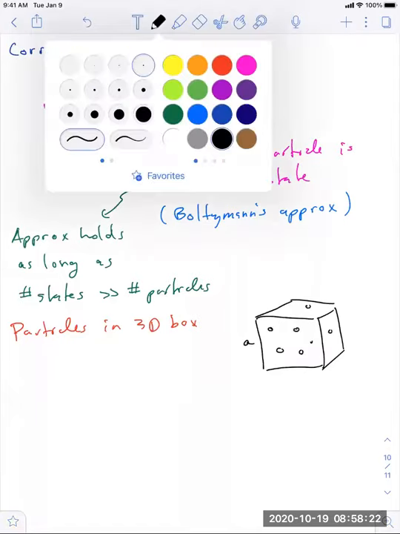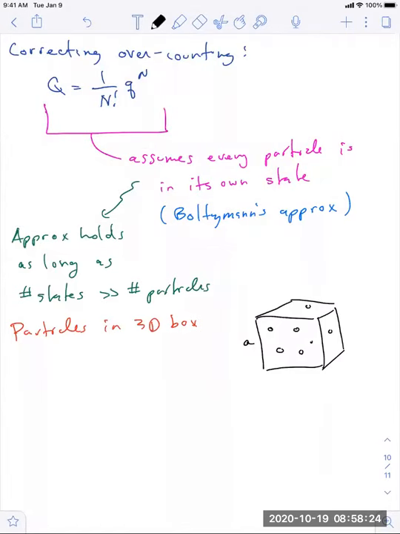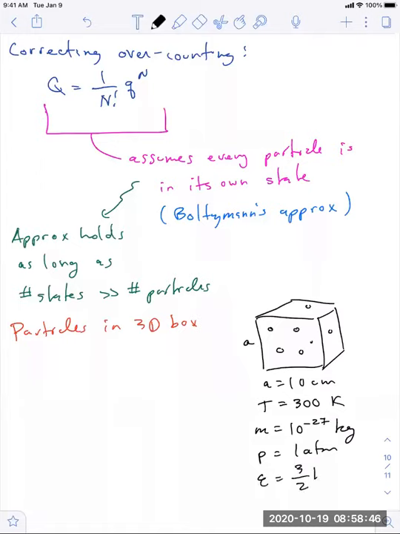The parameters of this box are A is 10 centimeters, temperature is 300 Kelvin. The mass of the particles is on the order of 10 to the minus 27 kilograms, which is about the mass of hydrogen. The pressure is 1 atmosphere, and the energy we'll take to be 3/2 kT.